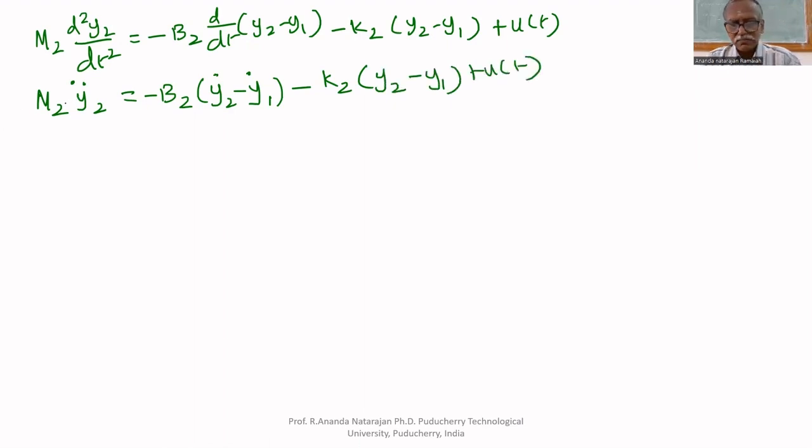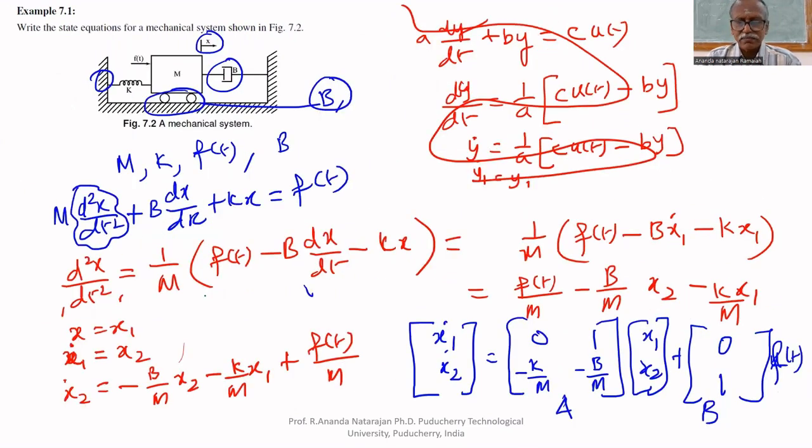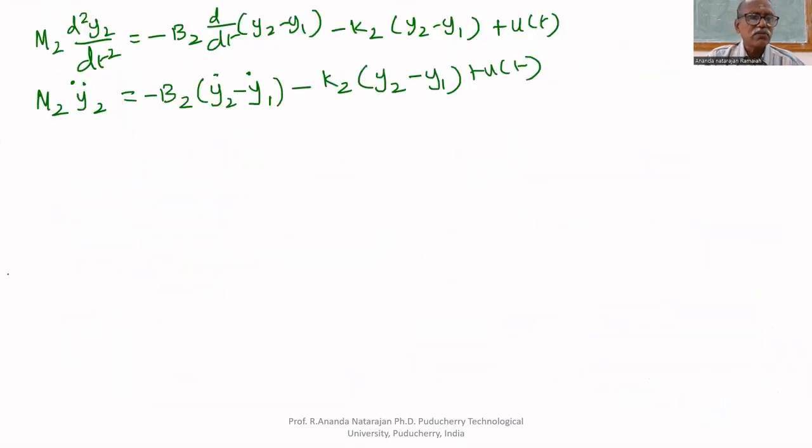Y2 double dot is x3 dot. Y2 dot equal to x3 dot. Therefore, we can write x3 dot equal to minus b2 by m2, y2 dot is x4.